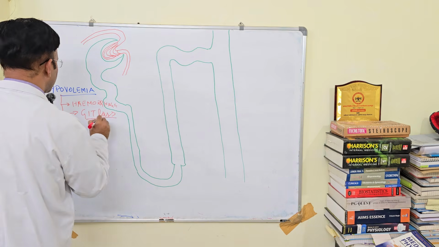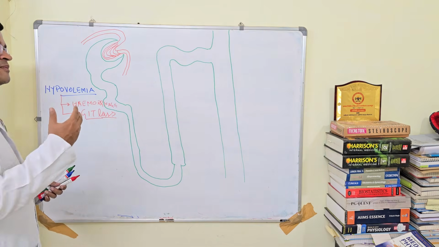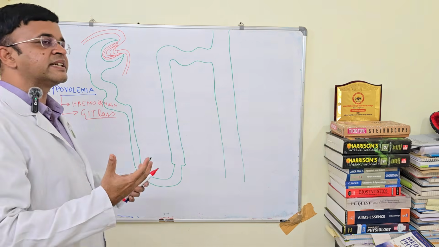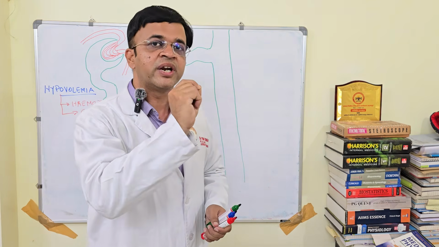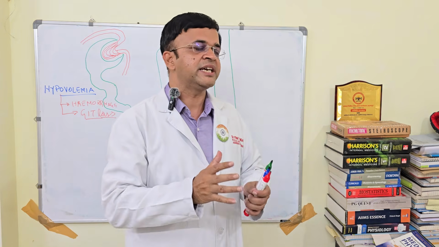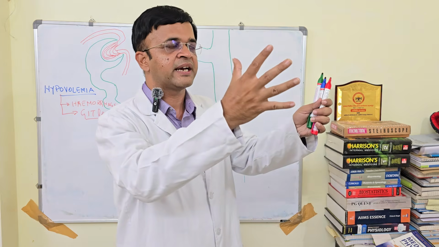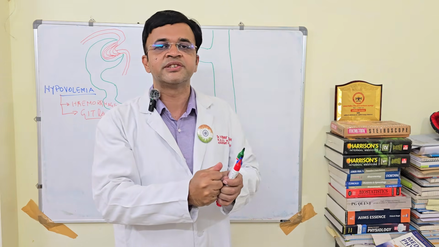Or it can also be due to loss of effective circulating blood volume. One thing is that volume is less, the other thing is loss of effective circulating blood volume. In many conditions the overall volume is normal or even high, but the effective circulating blood volume is reduced.